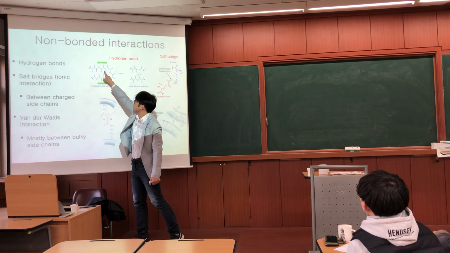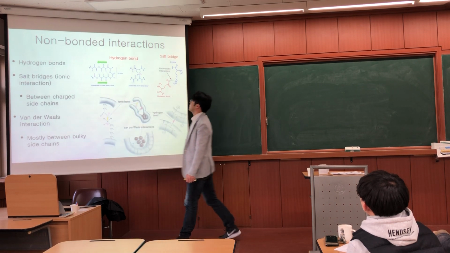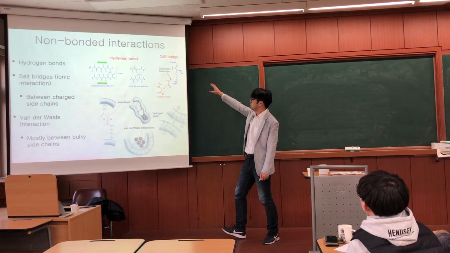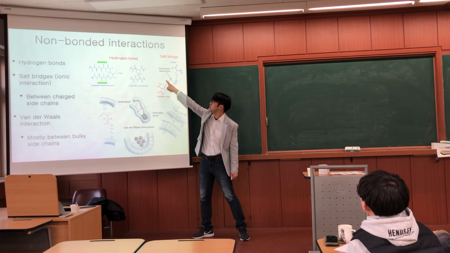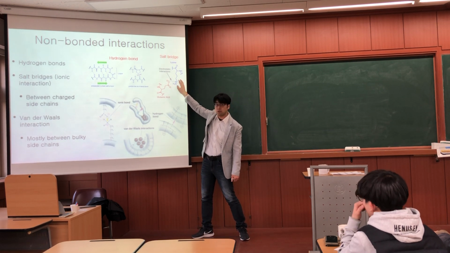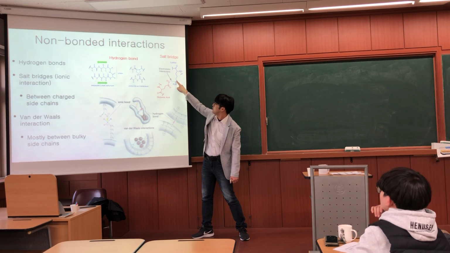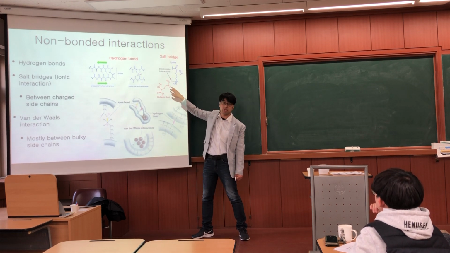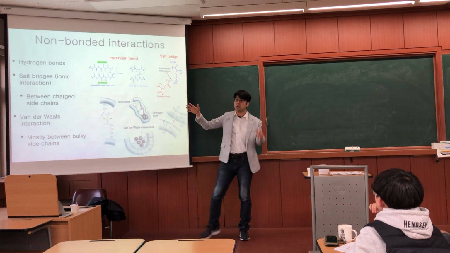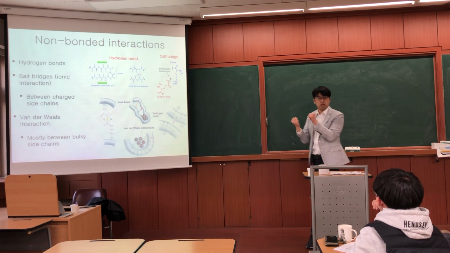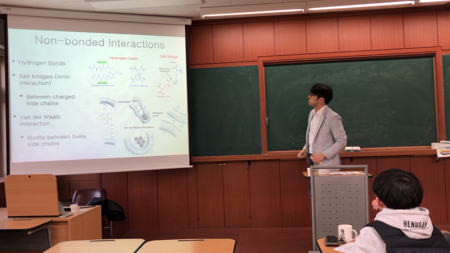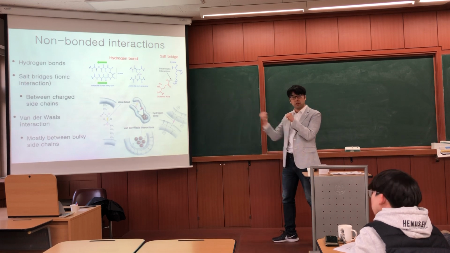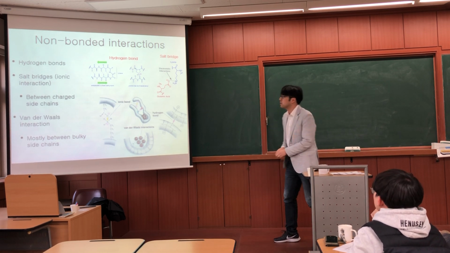They are forming very strong hydrogen bonds. And salt bridges: a salt bridge means the interaction between charged groups. For example, here this group is positively charged, and this carboxyl group is negatively charged, and they attract each other very strongly because of this Coulomb interaction, the electrostatic interaction.